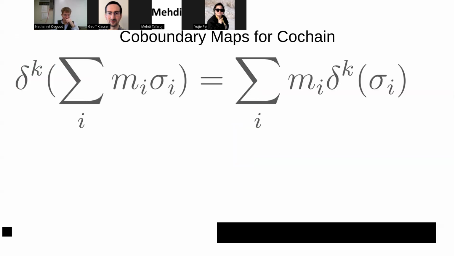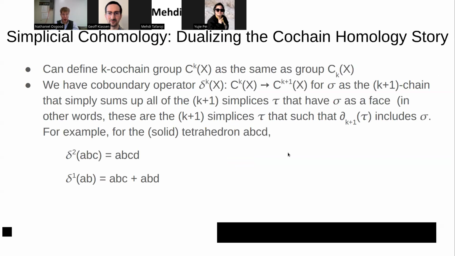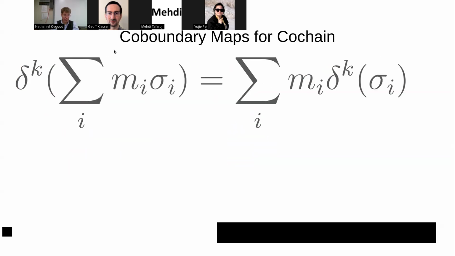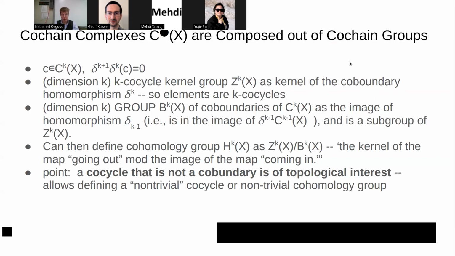So it's a linear operator. We know how to apply it to a simplex to get a k plus 1 cochain. We're now going to apply it to a whole sum of these, for the entire cochain, applying it for each of the simplices. Okay.